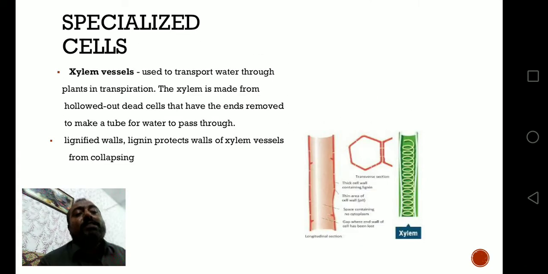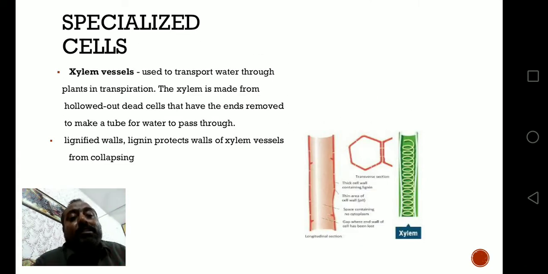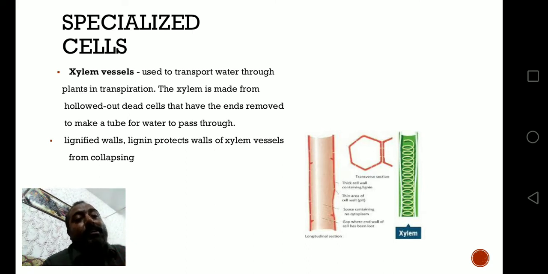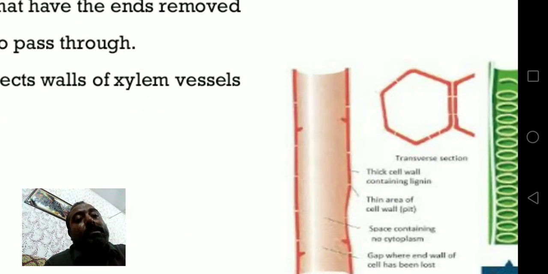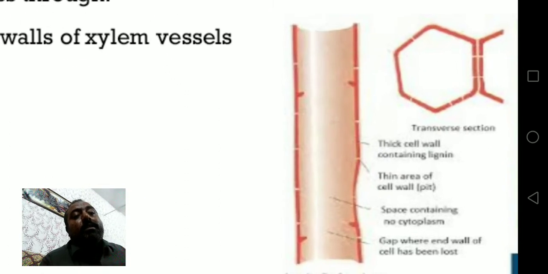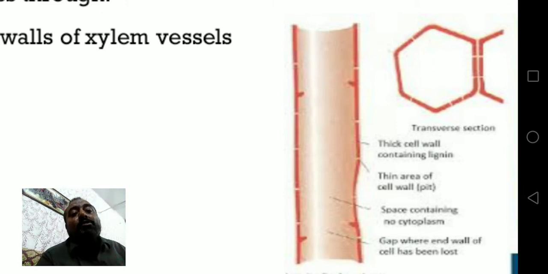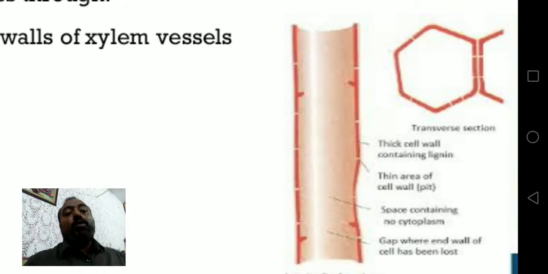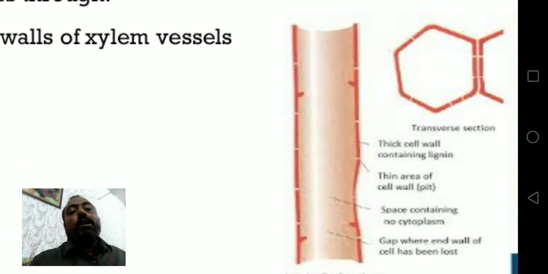So the next specialized cell or specially adapted cell is the xylem cell. You can see here this cell on the left side. This is one xylem cell. This is an elongated cell, and many such cells join end to end to form a long vessel called a xylem vessel. So the term xylem vessel is used for the whole pipe or whole channel which is made up of many xylem cells.